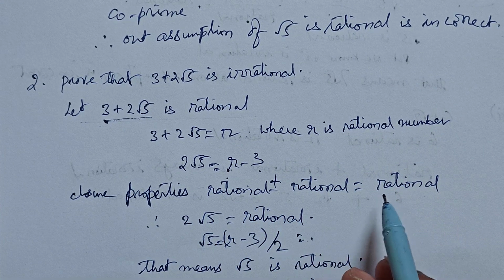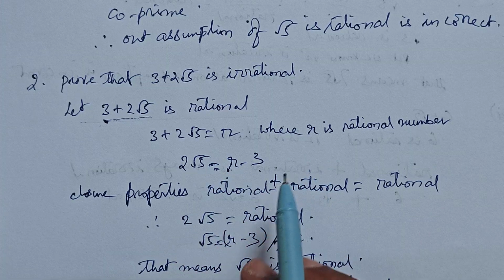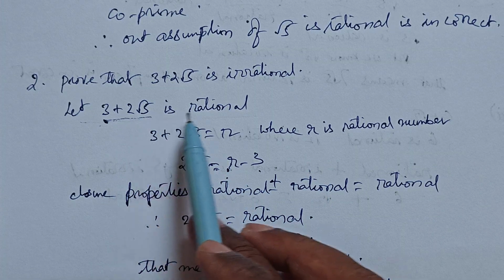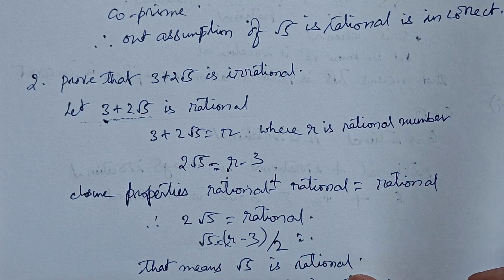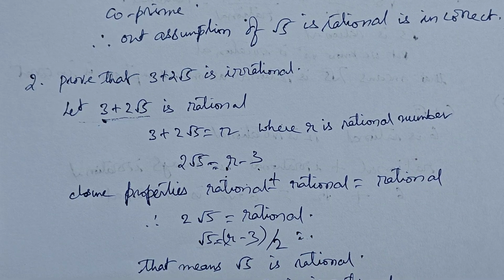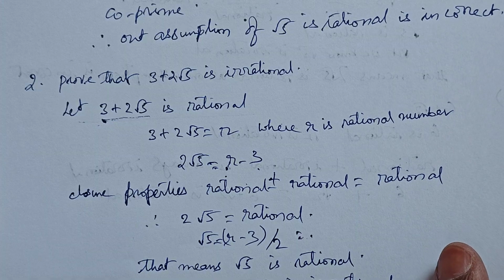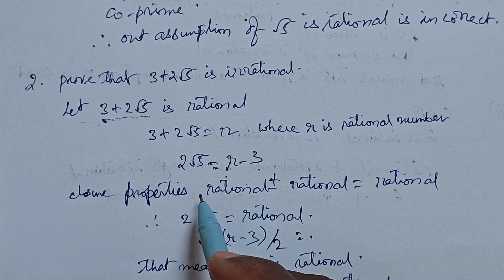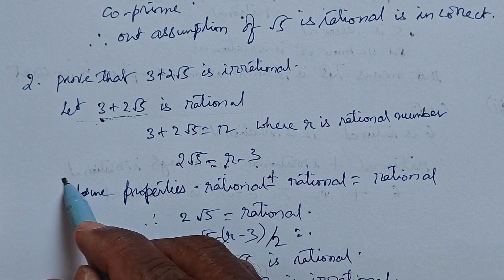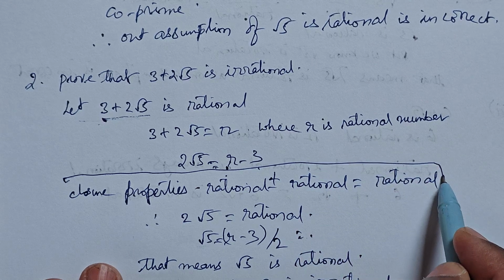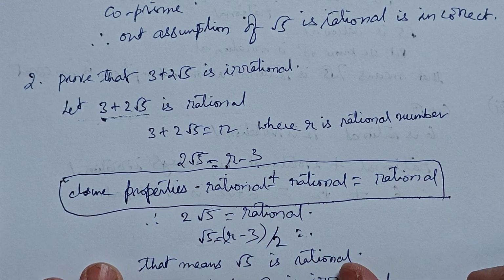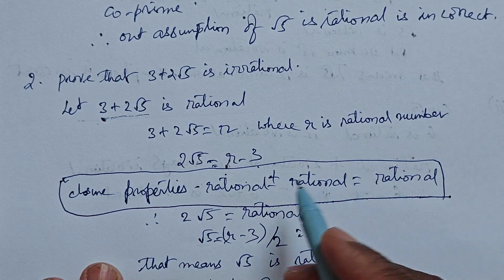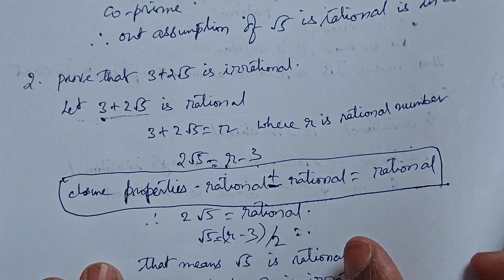If you take 6 plus root 2 as rational, assume it as r, so root 2 is equal to r minus 6, and r minus 6 is rational, but root 2 is irrational. That's why I mentioned closure properties clearly. You should be very clear on these properties: rational plus or minus rational is equal to rational.